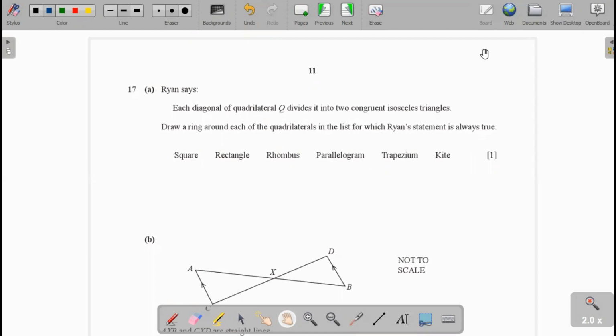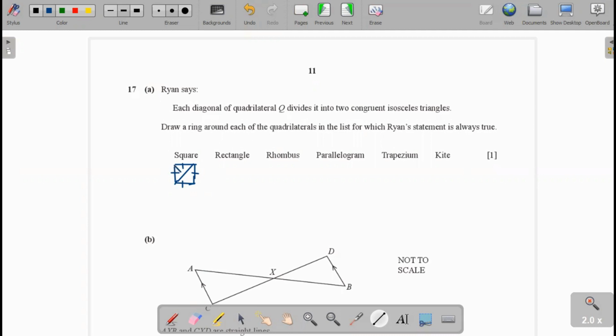Now we draw a square, and we see that all lengths are equal. We draw a diagonal, and the two triangles made are isosceles triangles.